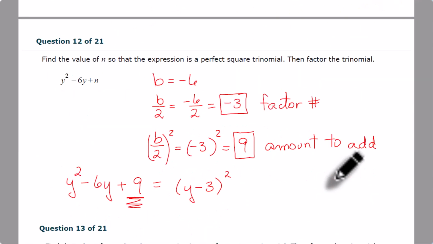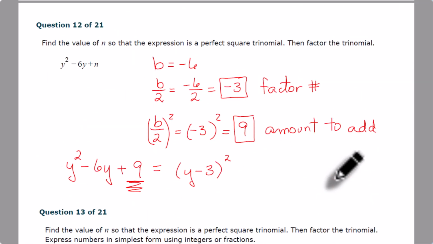All right, in question 12, they don't want us to do any solving. They just want us to figure out, well, what would this n have to be to turn it into a perfect square? Well, all I have to do is grab b. b is minus 6 divided by 2.